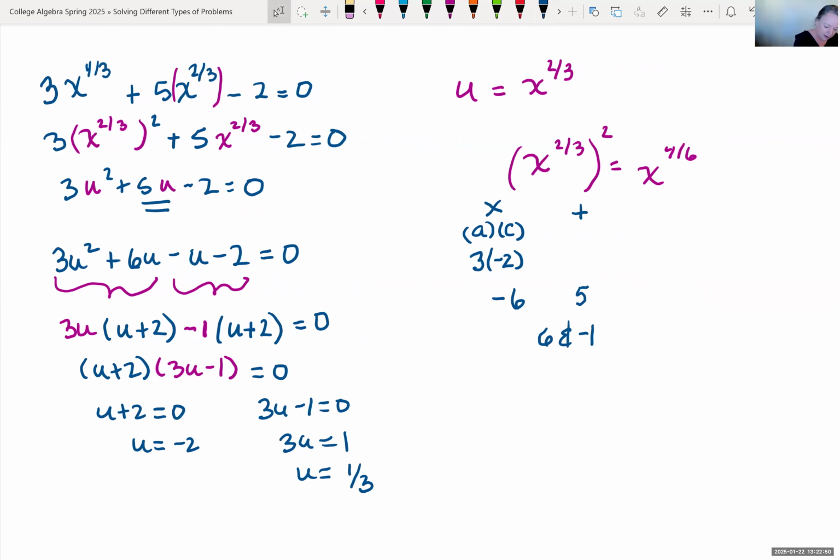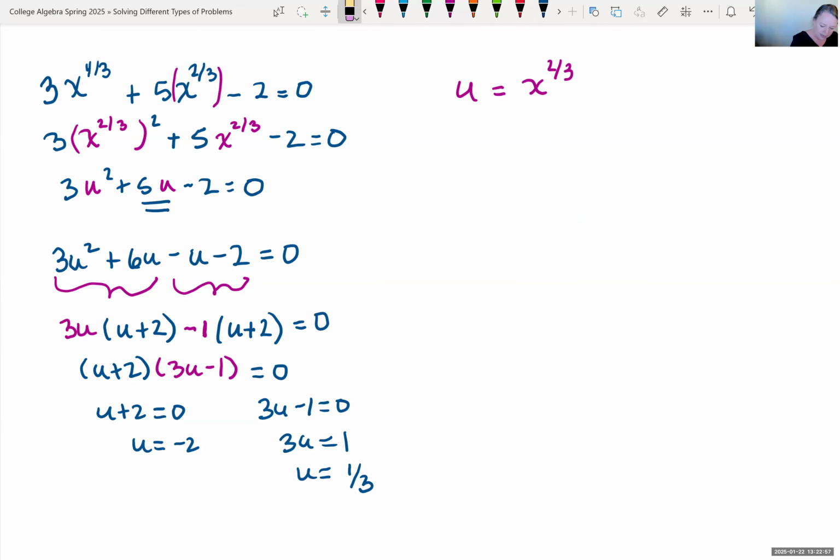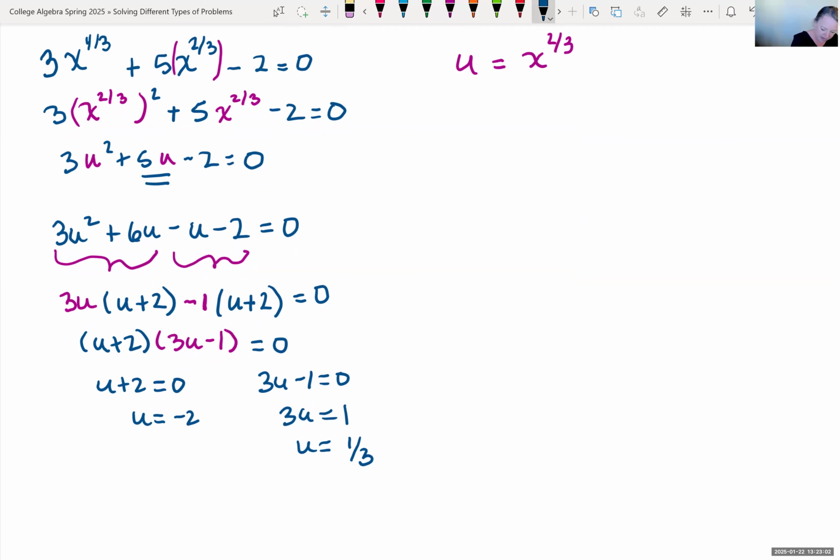So if we go back up here, I'm just going to erase my work in here to give me some room. Okay, so if we replace u with what we found, we have -2 is equal to x to the 2/3 power, and 1/3 is equal to x to the 2/3 power. I want to get rid of that 2/3 power. I want that exponent to be 1.